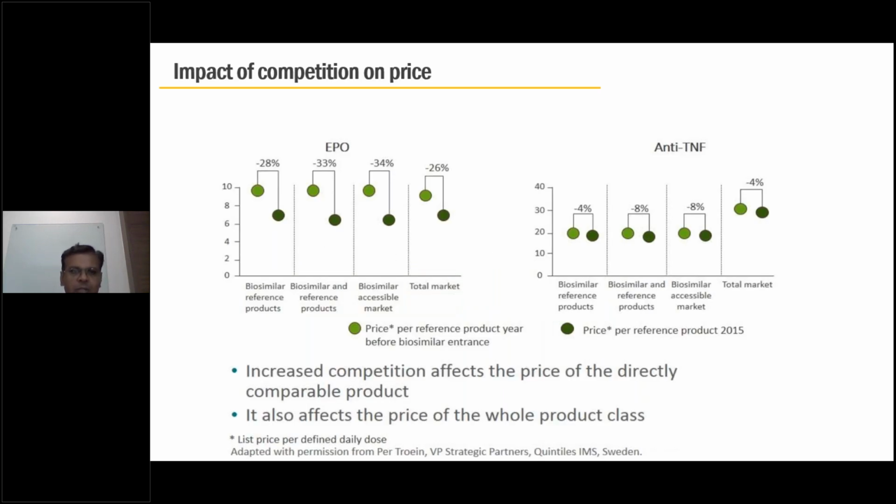So the competition on the price is definitely there, but the drastic downfall which you see for the other small molecules, that's not possible with respect to biosimilars. One of the main reasons being that every company cannot afford to produce a biosimilar.